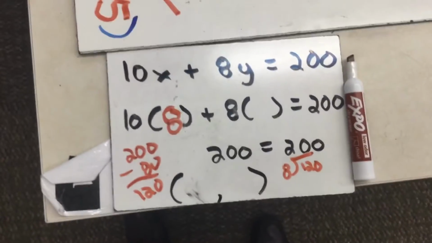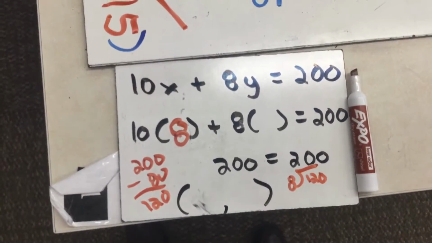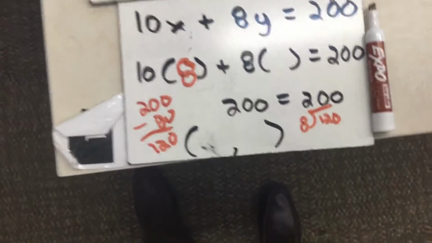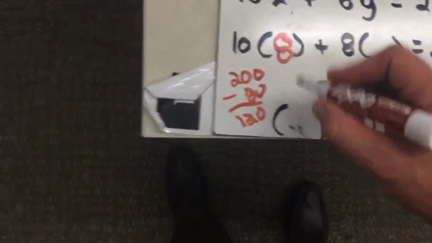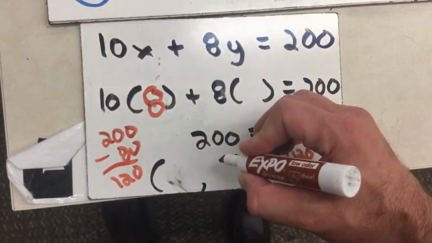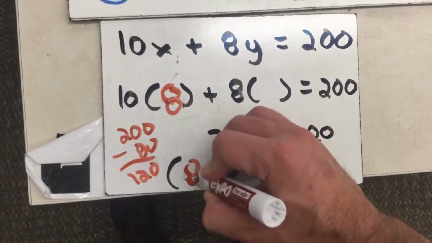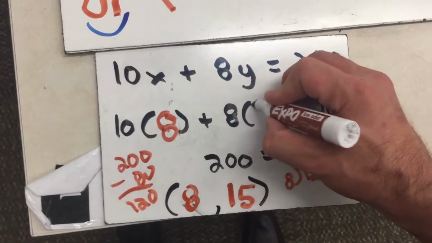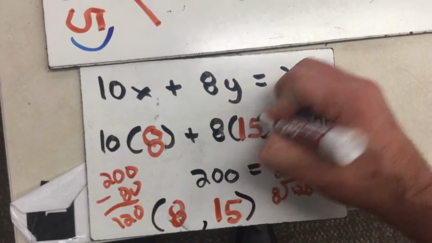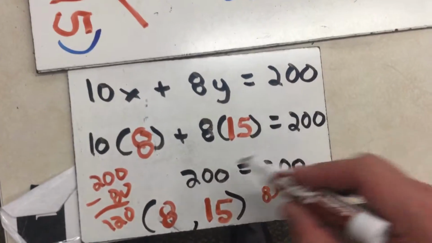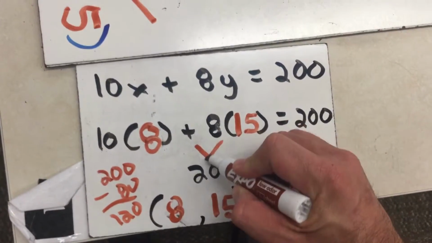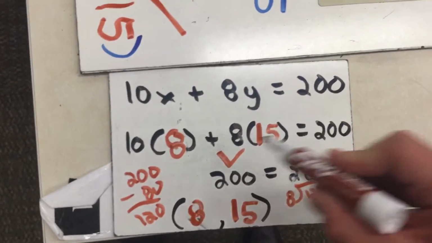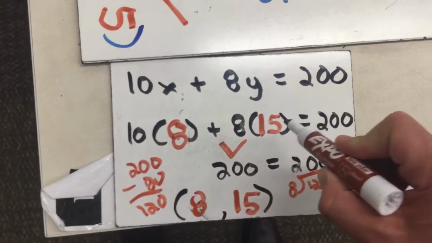You might have to pull out your trusty calculator, which I don't have, but we should know this answer because we just found the same thing. 120 divided by 8 is 15. So if you get stuck, again we have 8 comma 15, and what we did is use the standard form equation to go backwards from this, and this should equal 200, and it does. So basically, the same skill: you could plug in an x, then figure out what the y is.